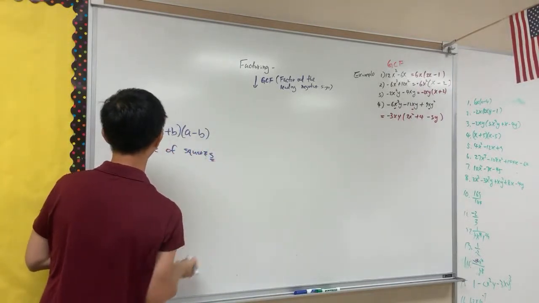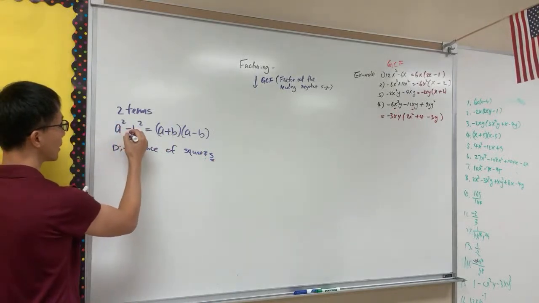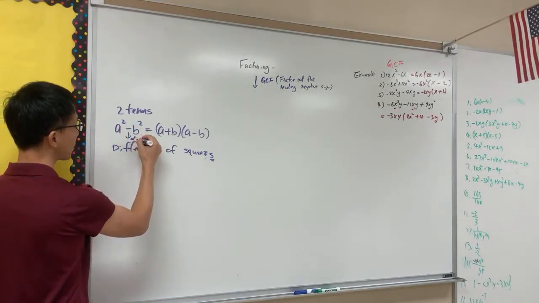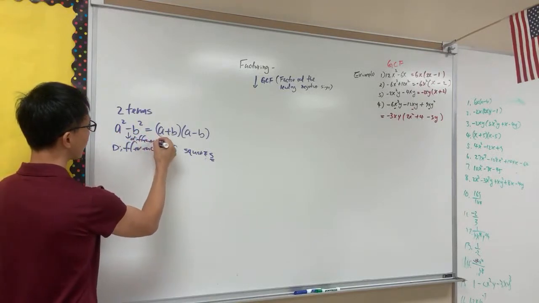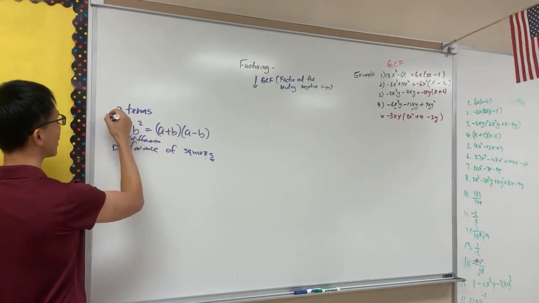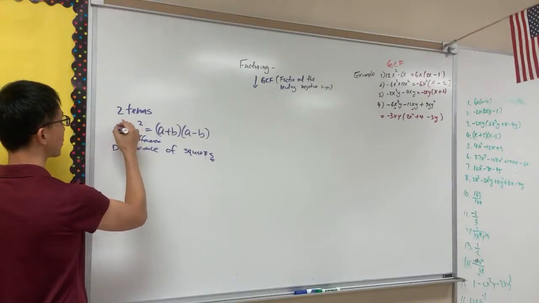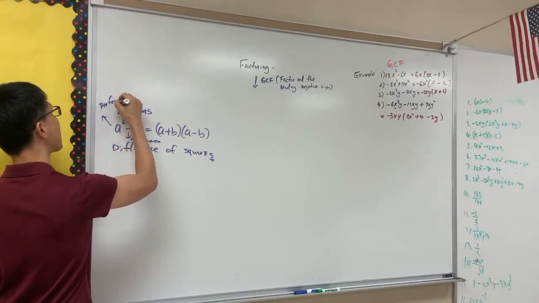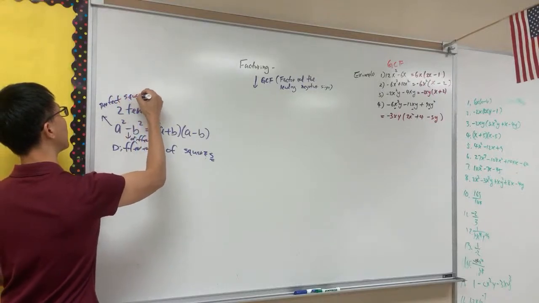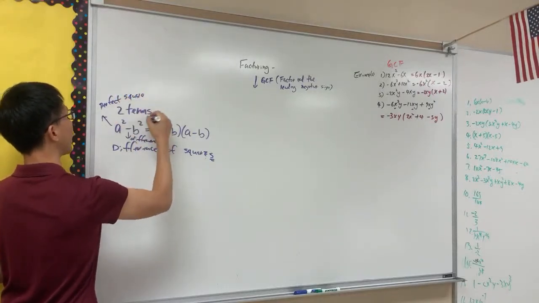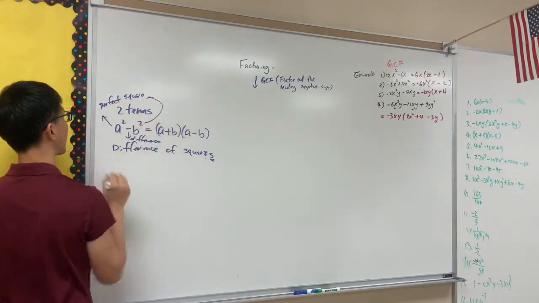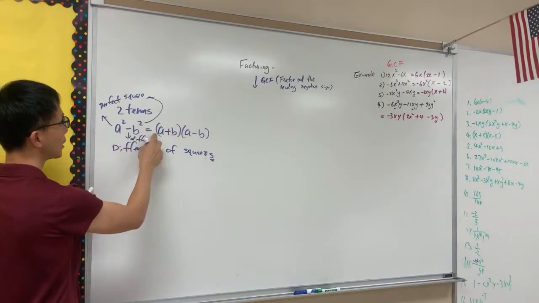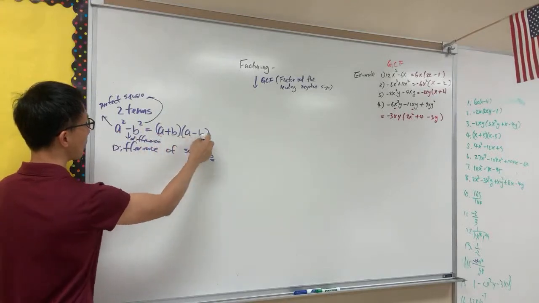The reason is that the negative sign is called difference, since subtracting is difference, and a squared and b squared are perfect squares. So with two terms, a squared minus b squared is equal to a plus b times a minus b.